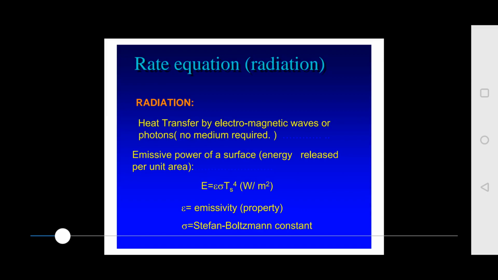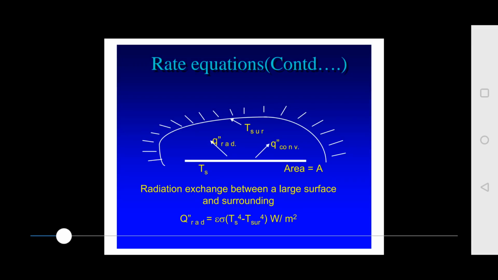So E is given by epsilon sigma Ts raised to power 4. Epsilon, the emissivity, is the property of the material that actually emits the energy, and sigma is the Stefan-Boltzmann constant. You can also find its values in the literature.